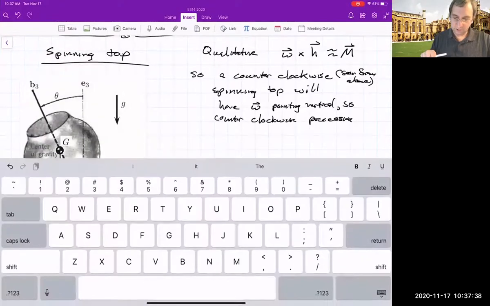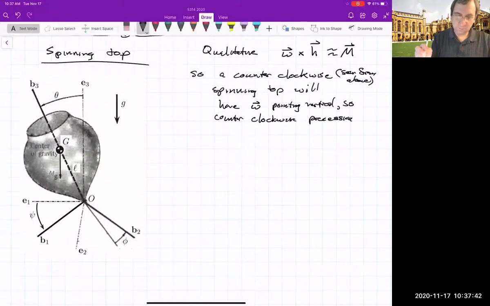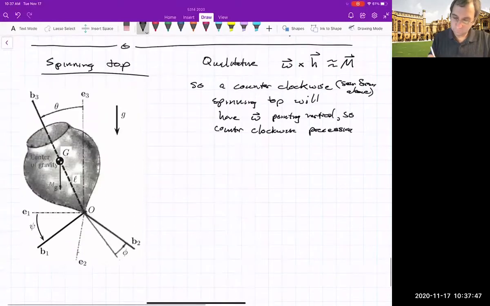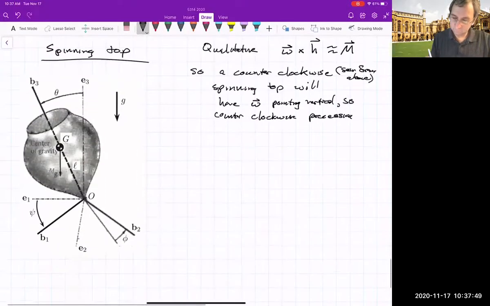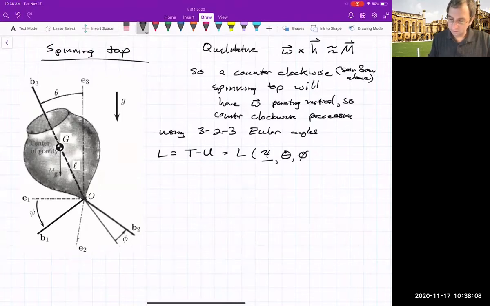We've got these Euler angles, the 2, 3, 2 Euler angles, or sorry, 3, 2, 3. We have a Lagrangian, which if we write kinetic minus potential, the Lagrangian is actually not a function of psi or phi.